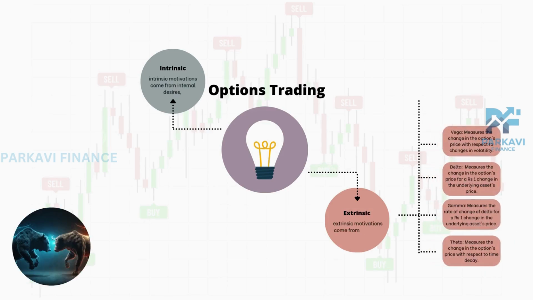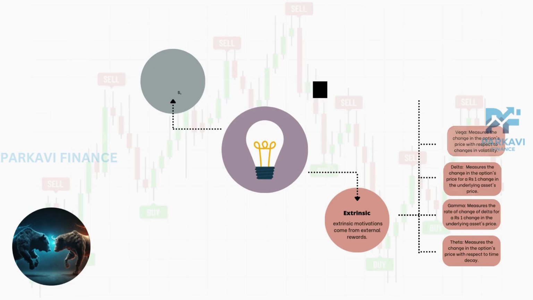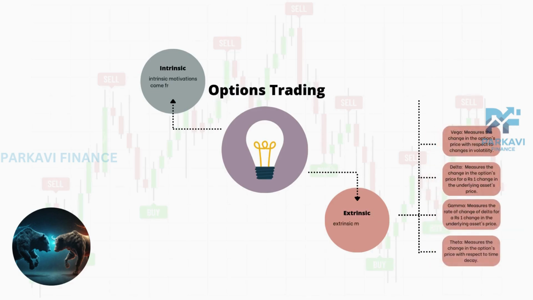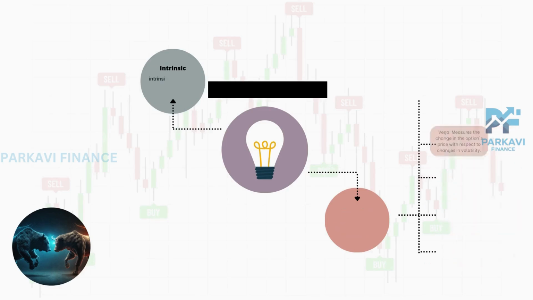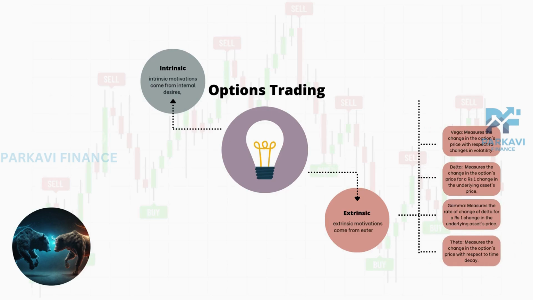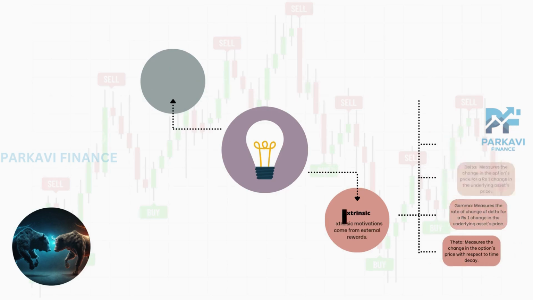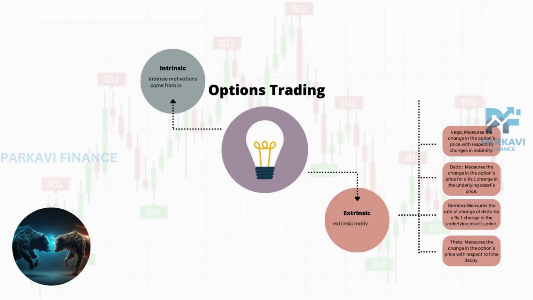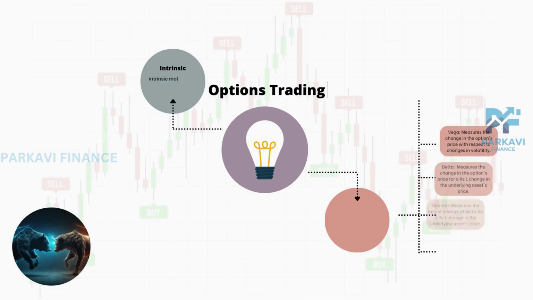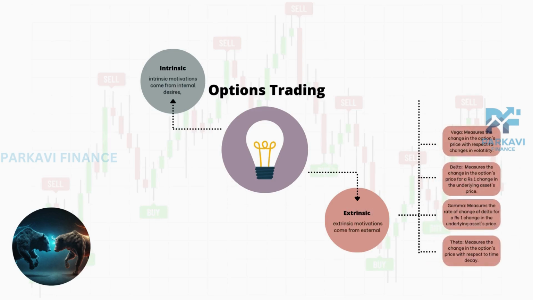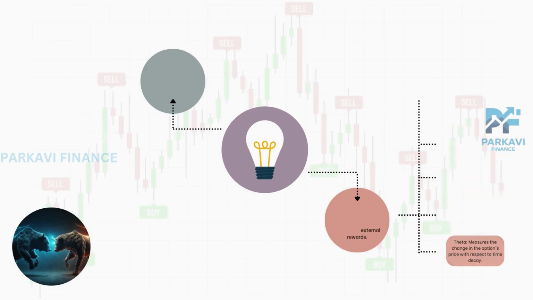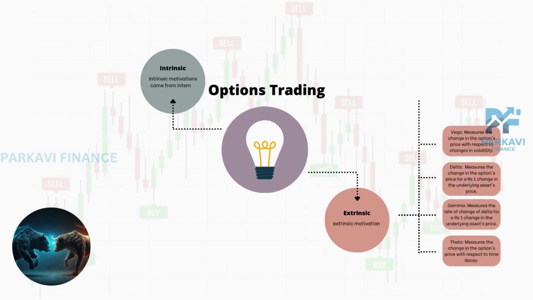Fourth one, Vega. Vega measures the change in the option price with respect to change in volatility. Same, we take a PDST trade. PDST means buy today, sell tomorrow. Same Friday we take entry. We assume a gap up on Monday, and we sell it.